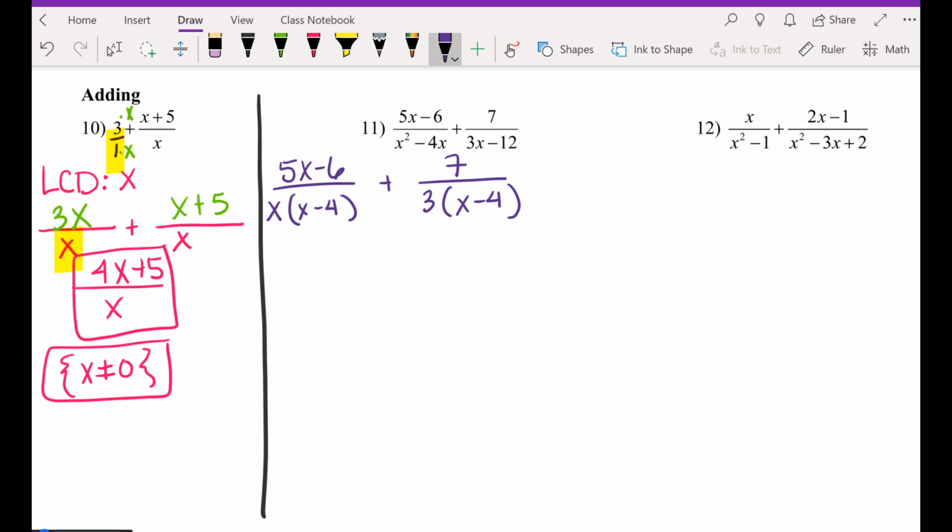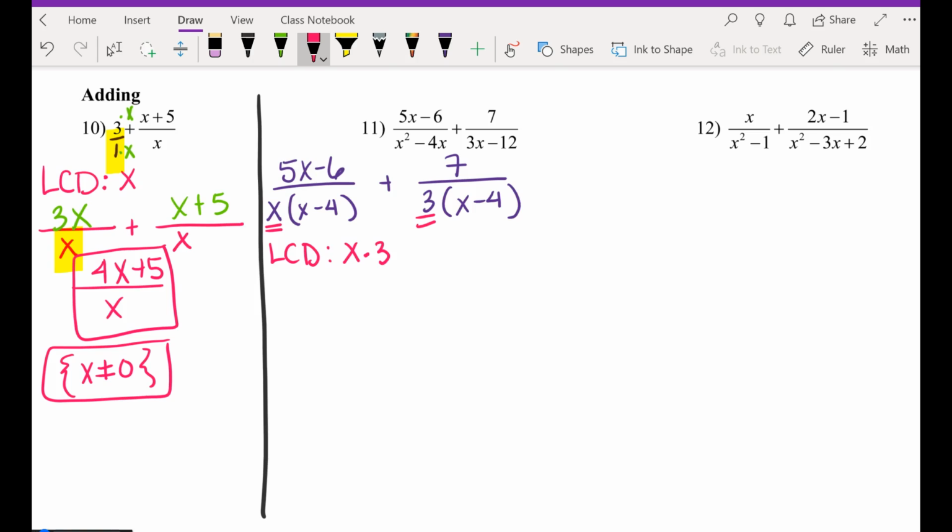Okay, this is the part where we have to decide which factors we take as part of the lowest common denominator, LCD, just like what we did before. We have x all by itself. Do we take it or do we not? Yes, we do. We also take the 3.